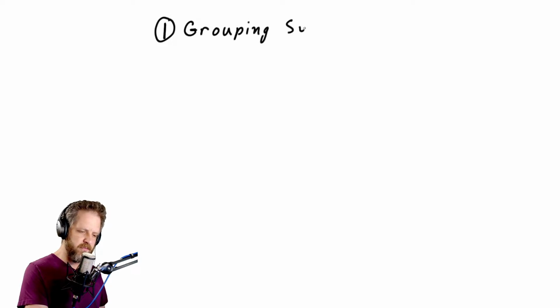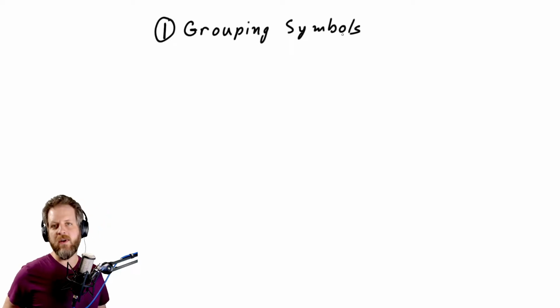So in here, we're going to list three steps in doing math. When we're doing math, the first thing we want to take care of are the grouping symbols. G-R-O-U-P-I-N-G, grouping symbols.